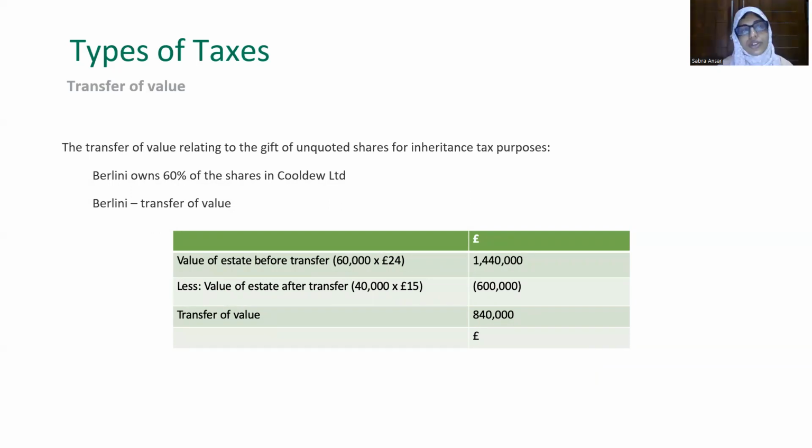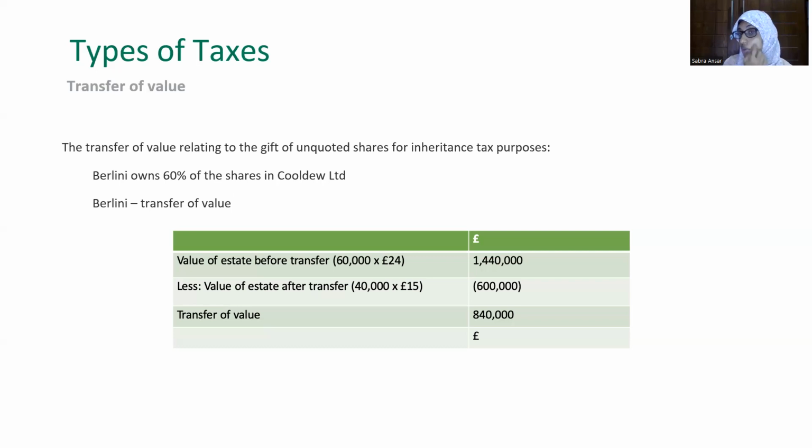So as you can see, the transfer of value related to the gift of this unquoted share for inheritance tax purposes is calculated as below. So basically, what did I say? Berlini has how much of the shares from Caldew Limited? As I told you, there were 100,000 shares.